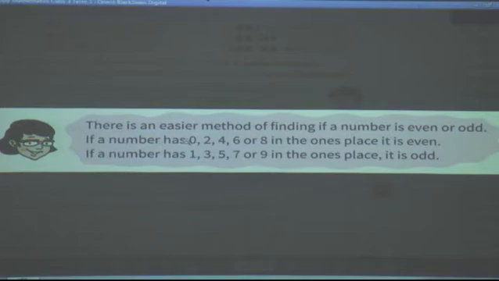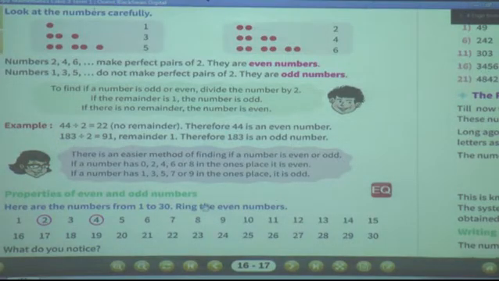If a number has 0, 2, 4, 6 or 8 in the ones place, then that number will be an even number. But if a number has 1, 3, 5, 7 or 9 in the ones place, then it is an odd number.